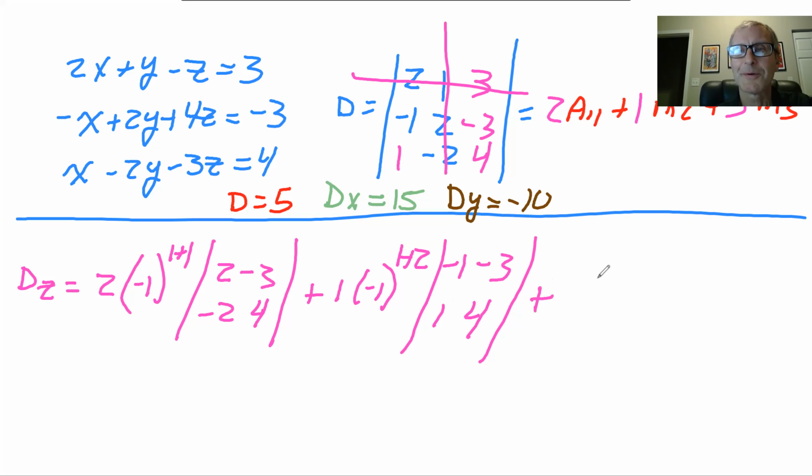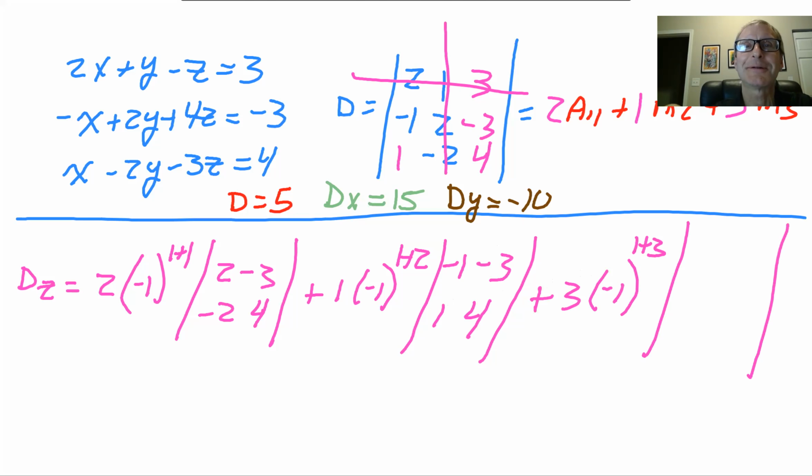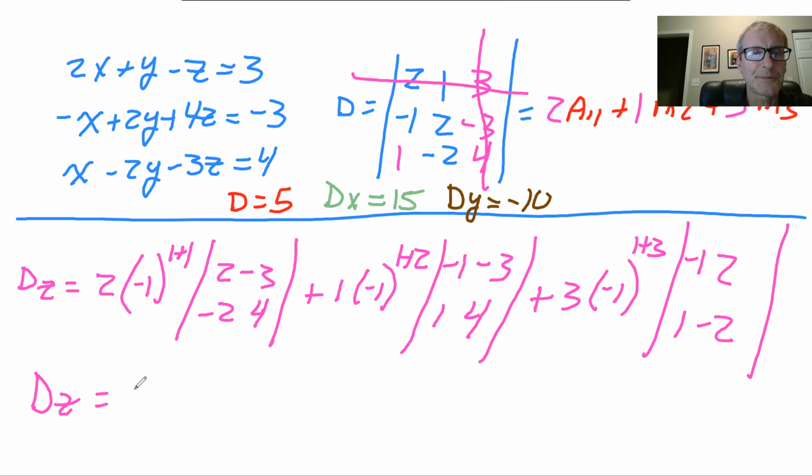And so almost there. So excited. I warned you this is the most tedious. And since I'm asking you to do it, I will do one of them with you. And so this time we'll get rid of this column. And we end up with -1, 2, 1, and -2. Finish this up. dz would be 2, and that would be times 1.